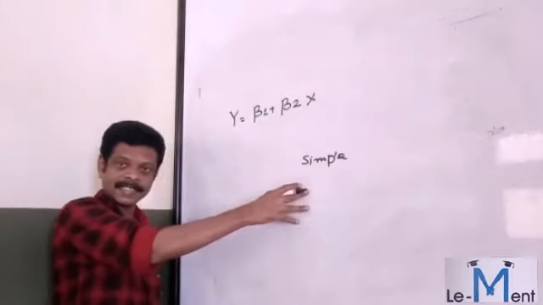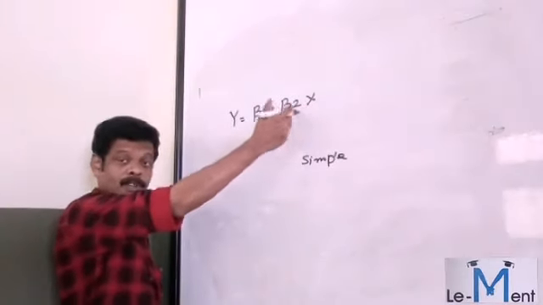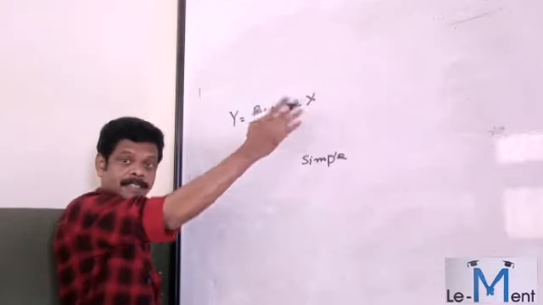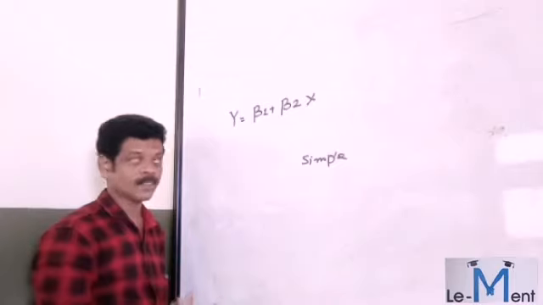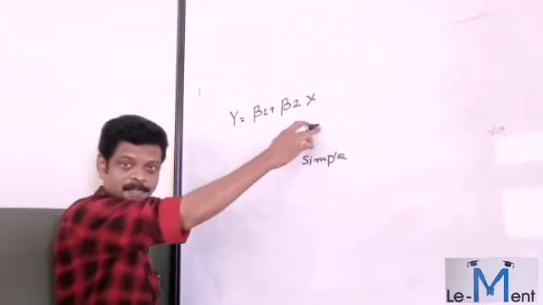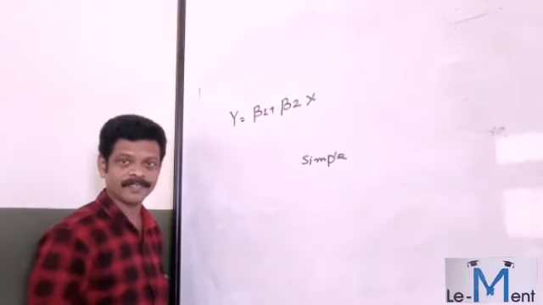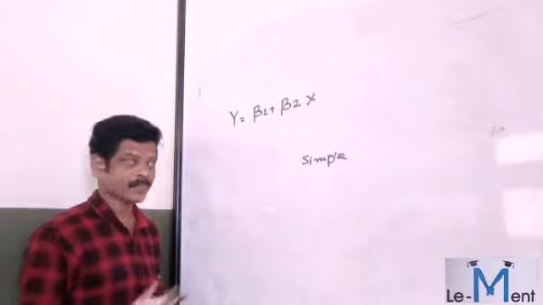It's a simple regression model. If there are more than one explanatory variables, that is a multiple regression. So now we have a simple regression model because there is only one explanatory variable. Consider the parameters beta 1 and beta 2.